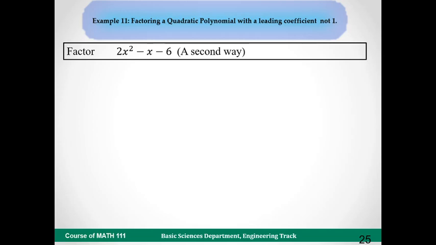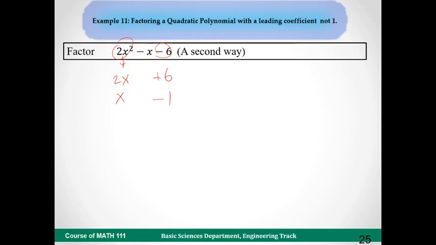If you have this polynomial, you write here the possible factors of 2x squared. Then you write the possible factors of -6. Let's do plus 6 and minus 1.